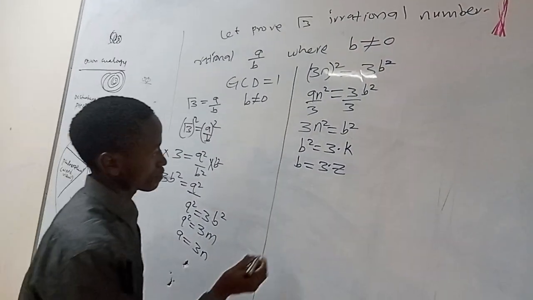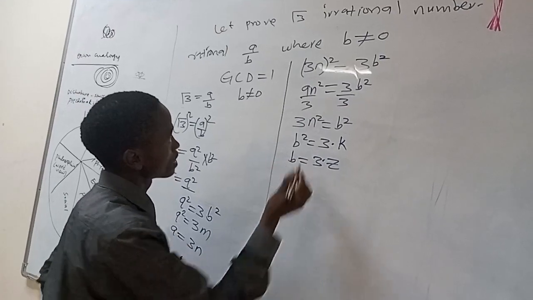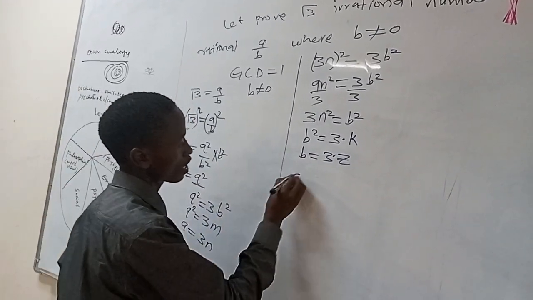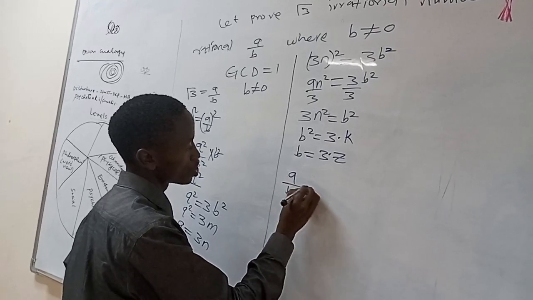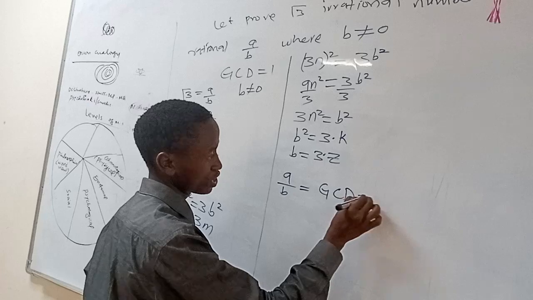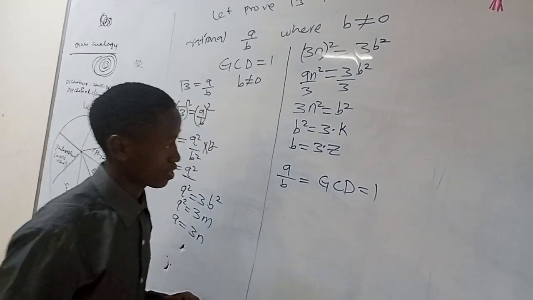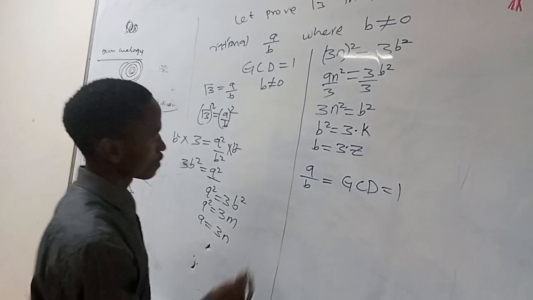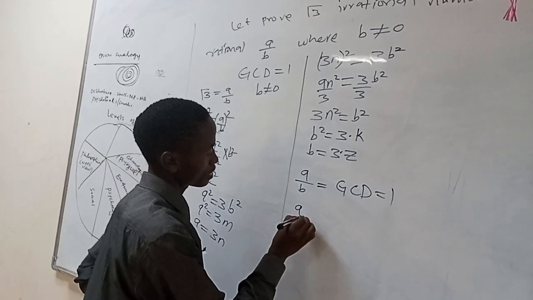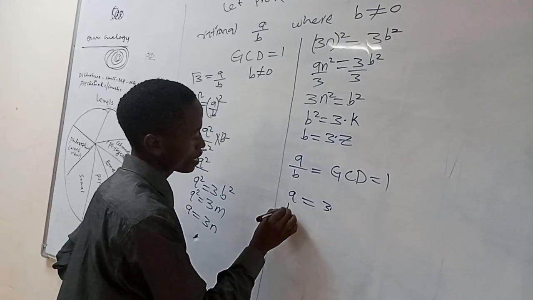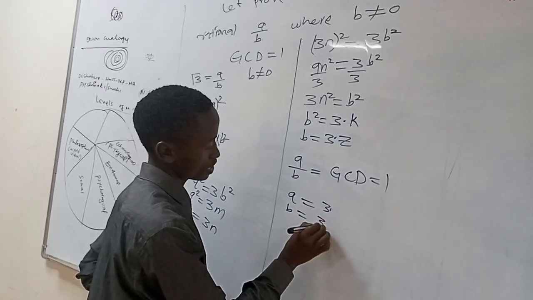So once again, since we started by assuming this is a rational number, and for a rational number your a and b should have a GCD equivalent to 1, the highest common divisor should be 1. But in our case, we are getting that a has a factor which is 3, and b also has a factor which is 3.